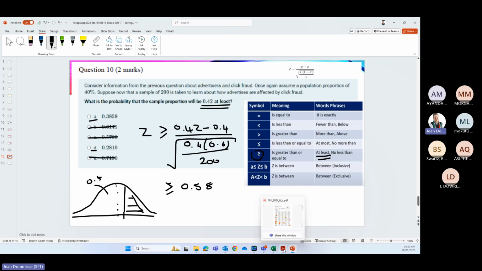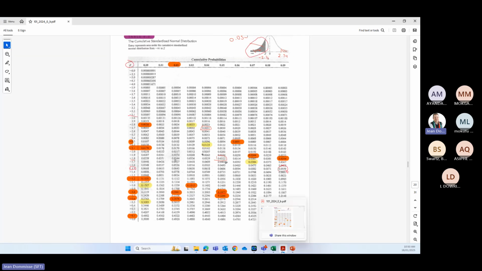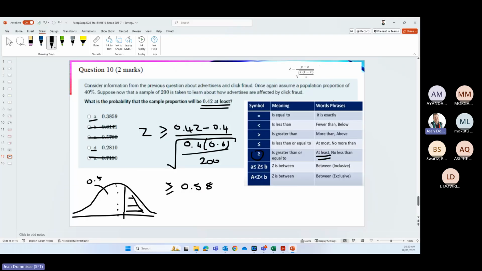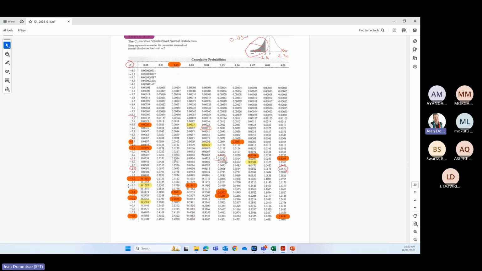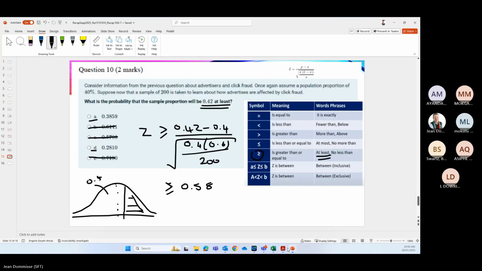If we then go to our table, I want this component, so we can look at minus 0.58, which would have given us 0.281. Or we could have said 1 minus this area.